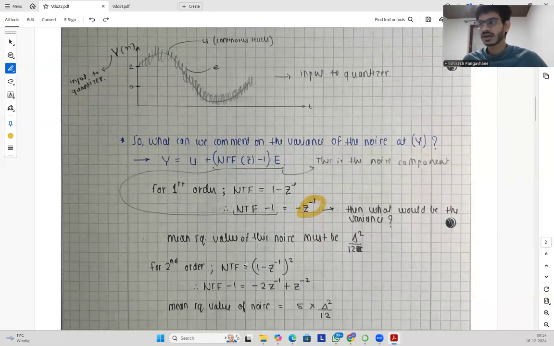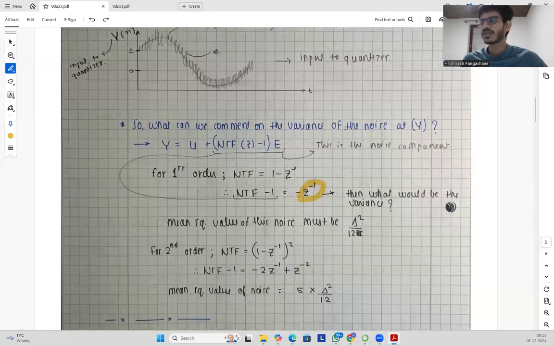For second order, the NTF will be 1 minus Z inverse squared. So NTF minus 1 will be minus 2 times Z inverse plus Z to the power minus 2. Therefore, the mean square value of the noise will be 5 times delta square by 12.